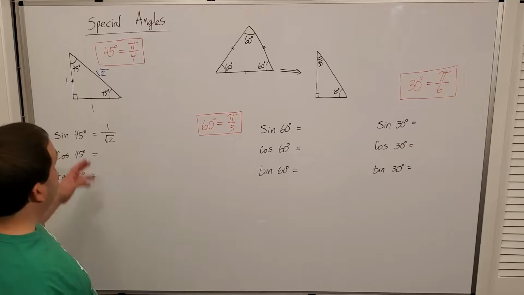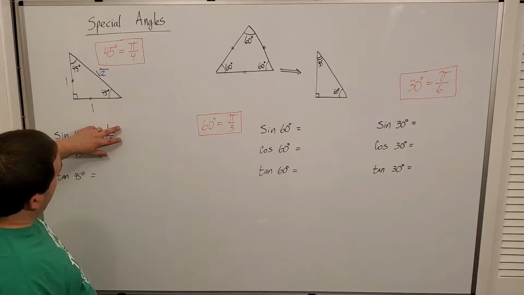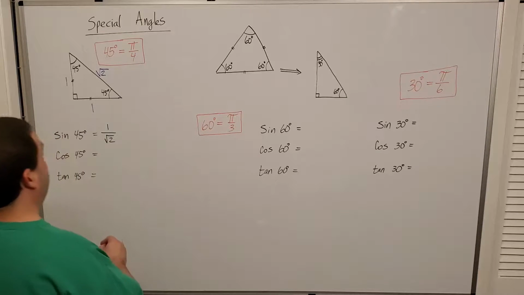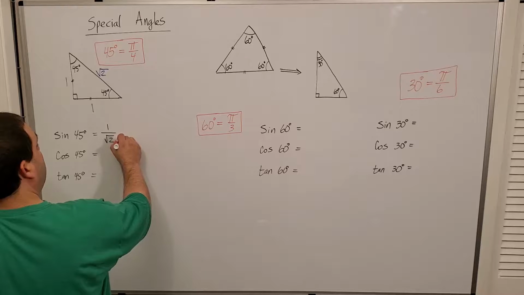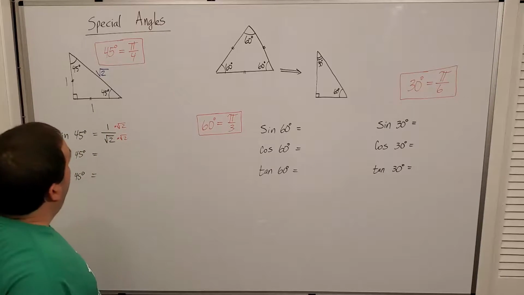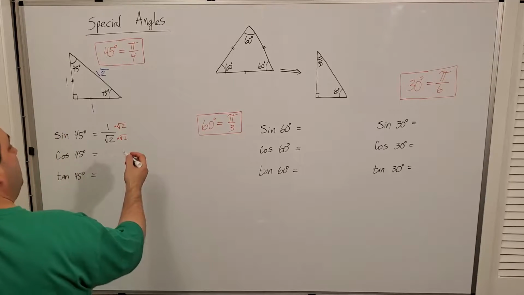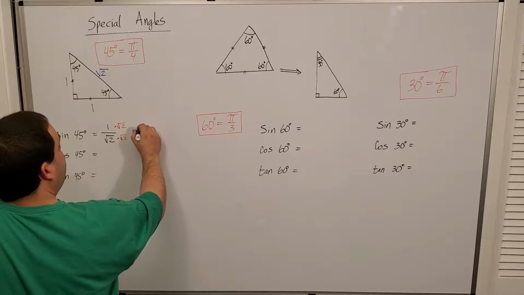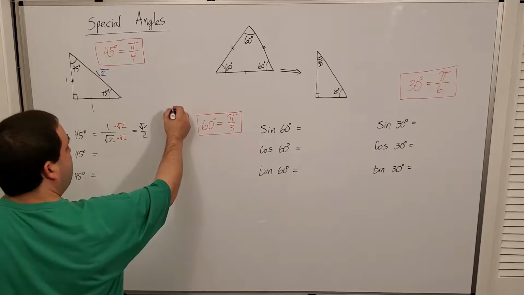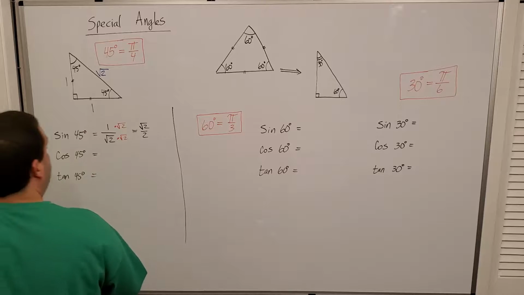So I'm going to rationalize this by multiplying the top and bottom by the square root of 2. Like so. I will get the alternative form of square root of 2 over 2. And that's going to be the sine of 45 degrees.